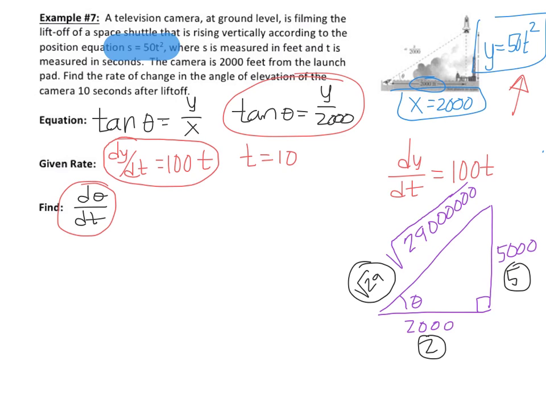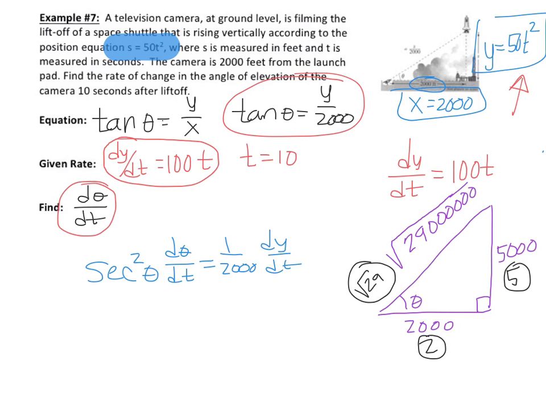When I take the derivative of tangent theta, I get secant squared theta dθ/dt. Don't forget about the dθ/dt. We need it. That's what we're looking for. And then remember the 2,000 is really 1/2000th. So it's 1 over 2,000 times the derivative of y, or dy/dt.